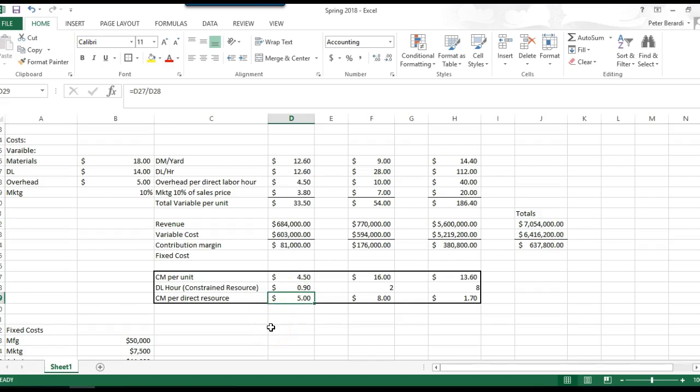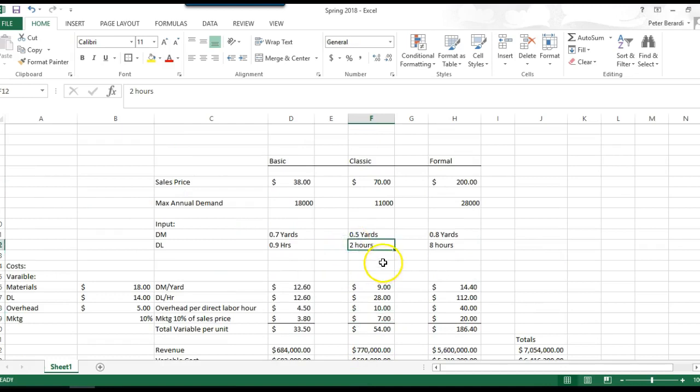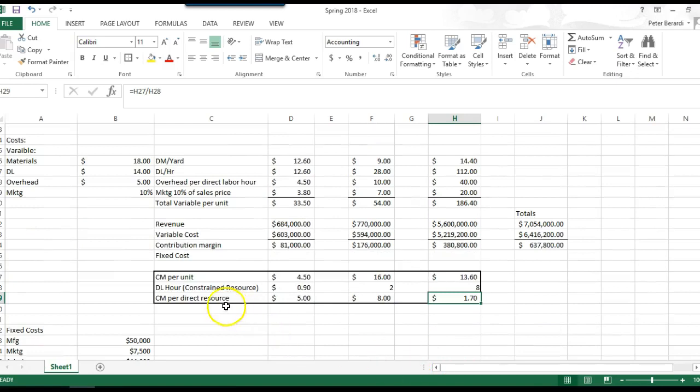So for every direct labor hour, 0.9 it takes to make one basic shirt, it gives us $5 of contribution. For every 2 hours of direct labor it takes to make the classic, we get $8 of contribution from those 2 hours. And same with the formal. So your contribution per direct resource is $5, $8, and $1.70.